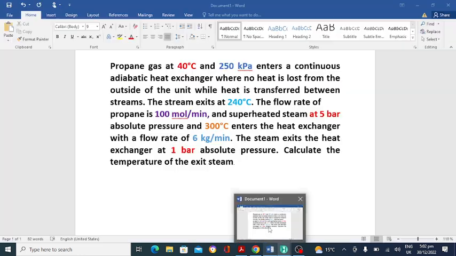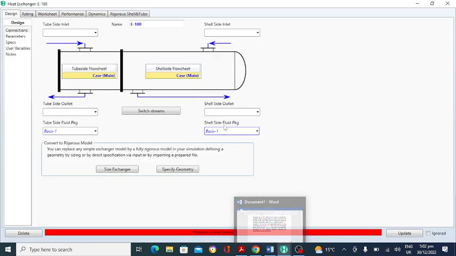So here you can see that propane at 40 degrees and 250 kilopascal enters an adiabatic heat exchanger with no heat loss. So propane is entering into the shell side of the heat exchanger. This is the shell side, propane in, and this is the shell out, propane out.